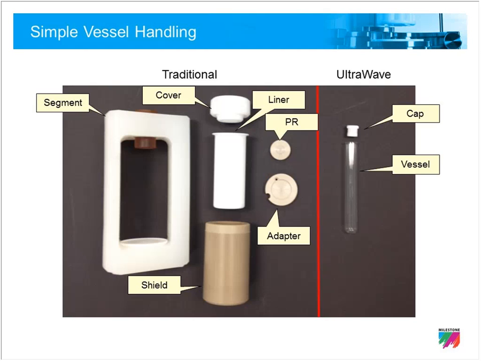Okay, so the best way to describe the UltraWave, in my humble opinion anyways, is that the UltraWave for the first time really provides the ultimate in flexibility. There are a lot of microwave digestion systems available out there, whether it be from Milestone or others. There are microwave systems specifically designed for high throughput.